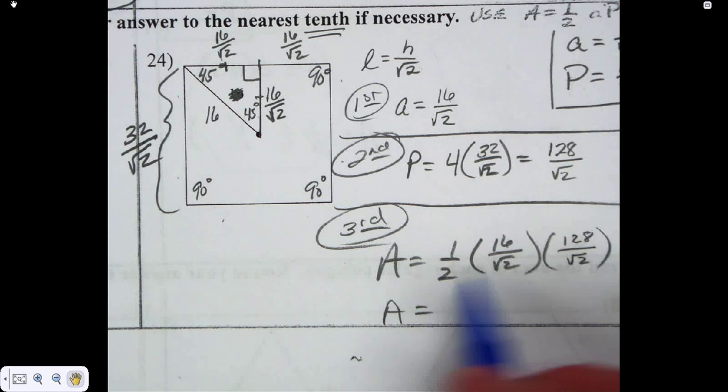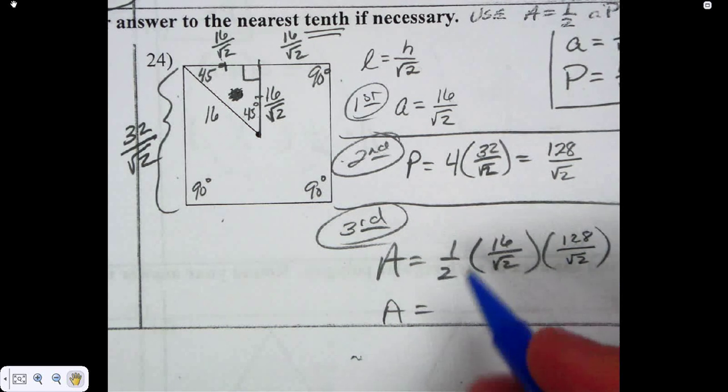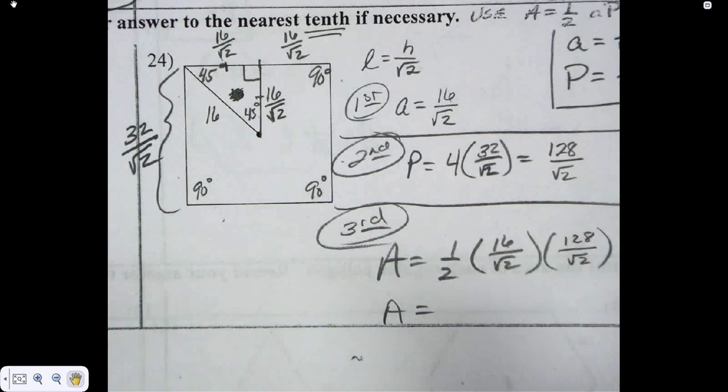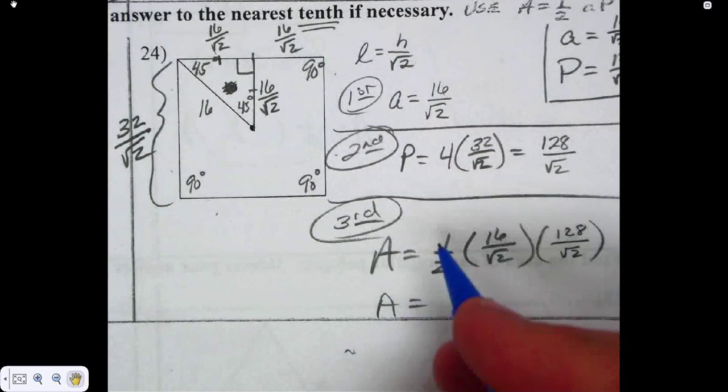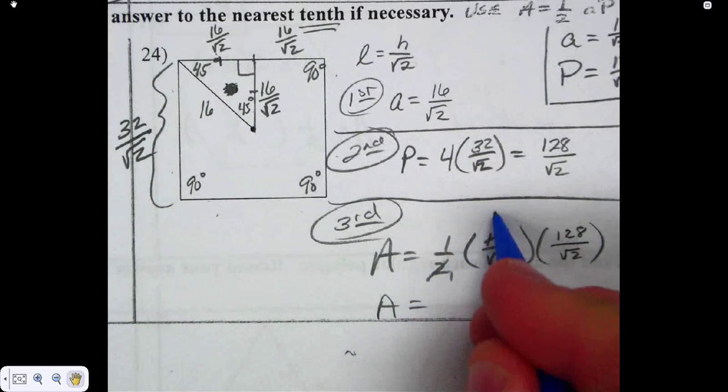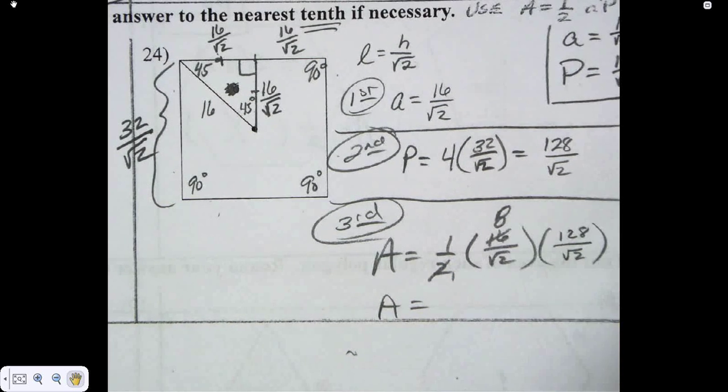This is actually, believe it or not, easier if you simplify before you multiply, but you could just do all this in the calculator because you are just rounding to the nearest tenth. But if you look, the 2 cancels with the what? Making that 8, right?